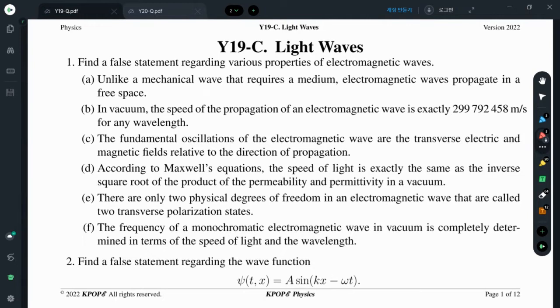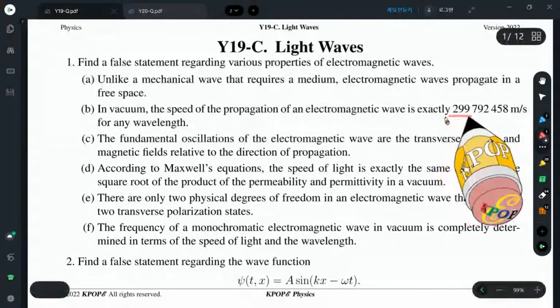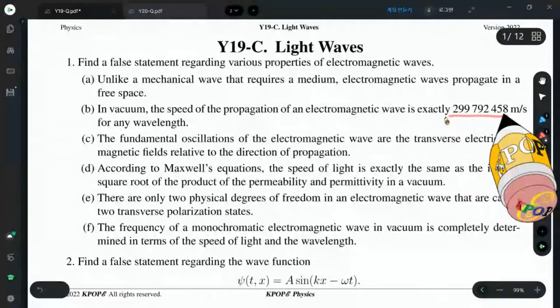It does not require any medium, even though in some cases it travels inside a medium. In vacuum, the speed of light is fixed, and this number is exact.